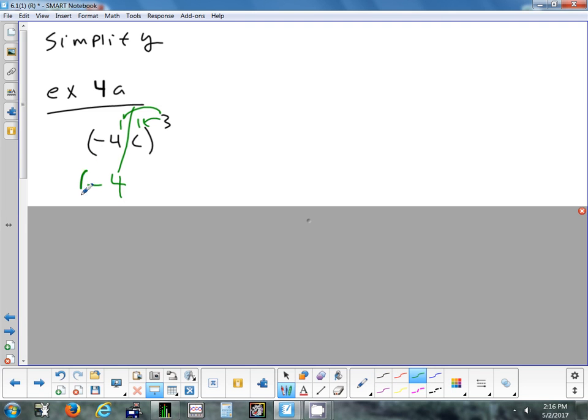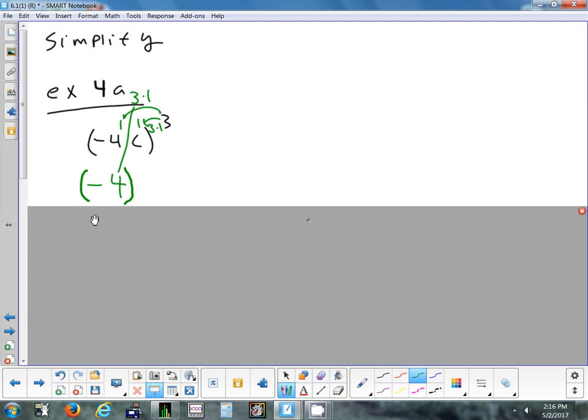I want to multiply 3 times 1 and 3 times 1. 3 times 1 up here, 3 times 1 down there. All I'm doing is multiplying the little exponents. So we want to make sure we put parentheses around both things.